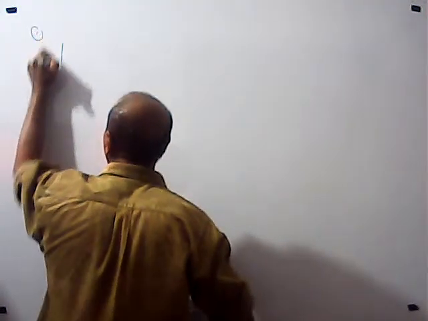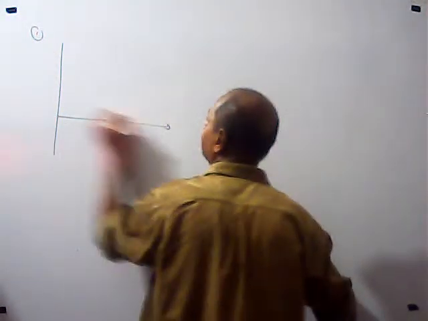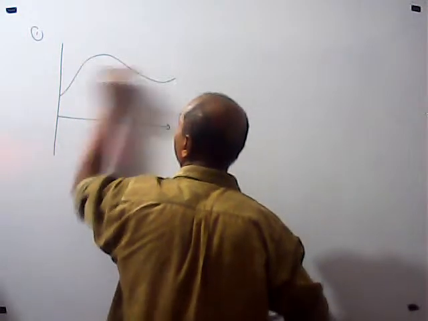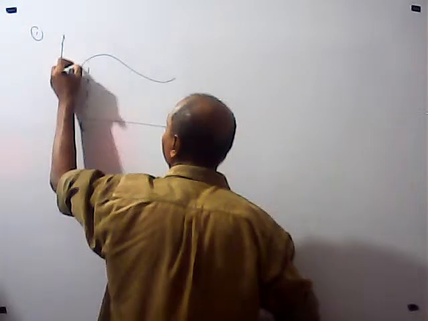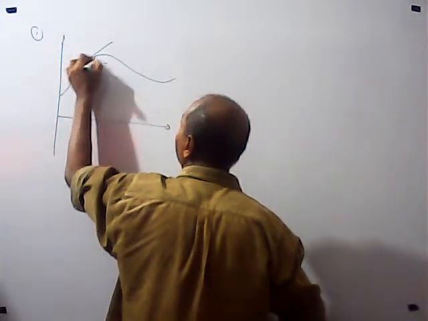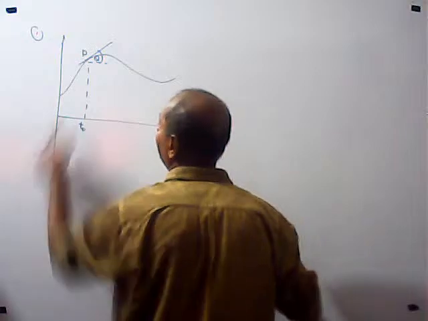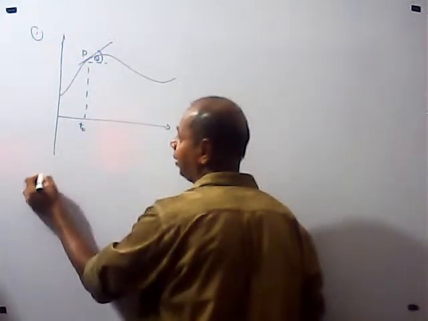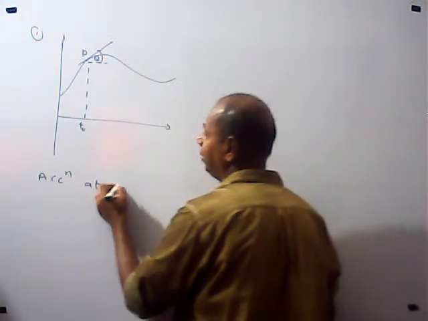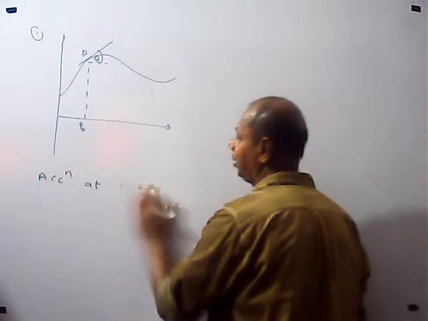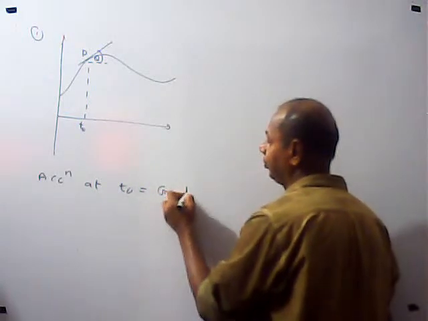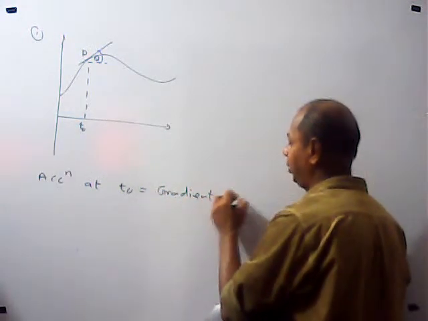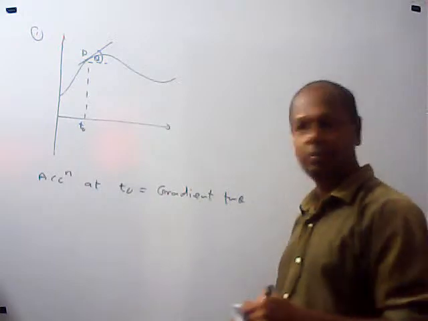Number one, of a VT graph, we said at any instant the acceleration of the particle is given by the gradient of the curve. Acceleration at t equals t naught is tan theta, equals the gradient. So that's the first principle we learned.